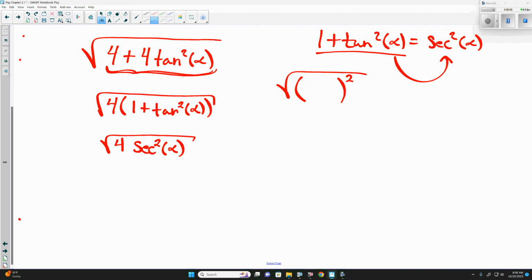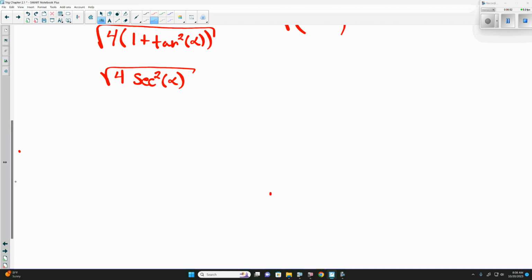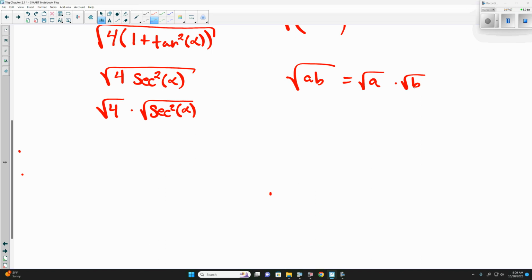Well, now it's a little bit easier to simplify this because we have two things multiplied together, and according to radicals, we can break multiplication up. Because the square root of a times b is equal to the square root of a times the square root of b. This is just properties of radicals.